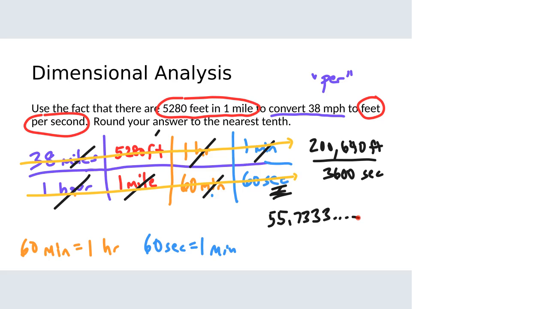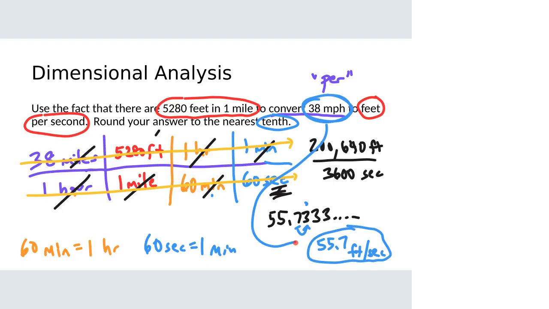This one actually told me where to round. This said round to the nearest tenth. So we'll find the tenth place, look one space to the right, and we'll round this to 55.7 feet per second. So if you happen to be driving 38 miles per hour, you are traveling about 56 feet per second.